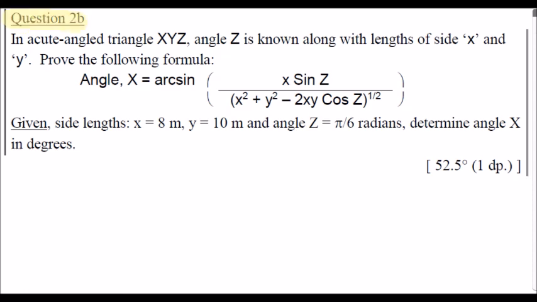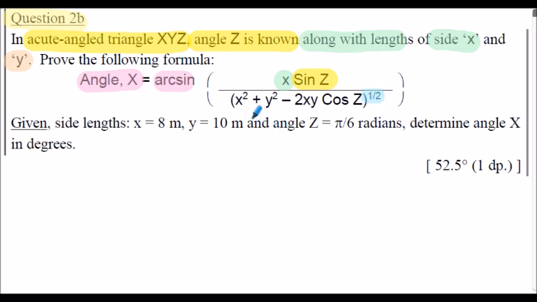Question 2b, in an acute angled triangle labelled xyz, angle z is known, along with the lengths of side x and side y. We're asked to prove that angle x is equal to the arc sine or inverse sine of length x multiplied by the sine of angle z, divided by the square root of side length x squared added to side length y squared, then we subtract 2xy multiplied by the cos of angle z.